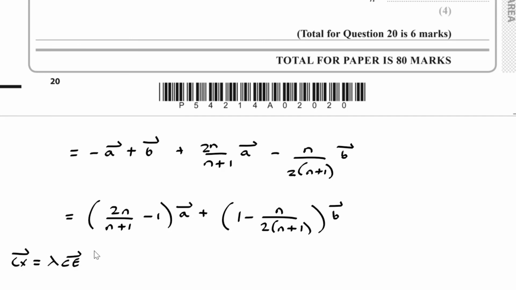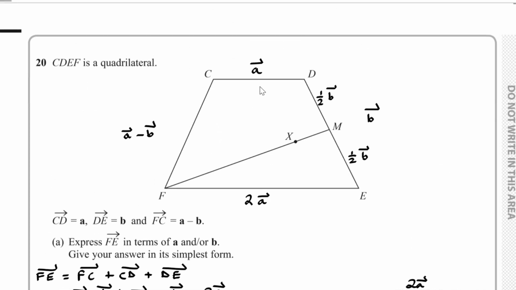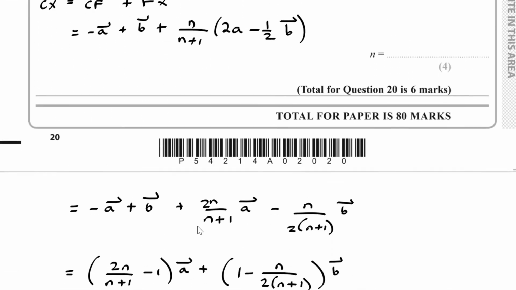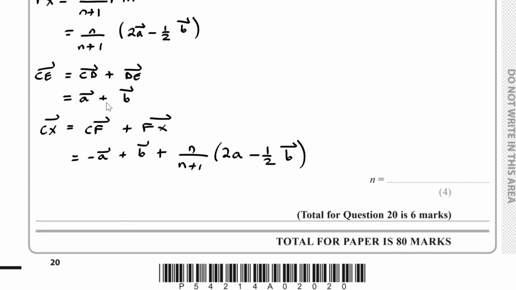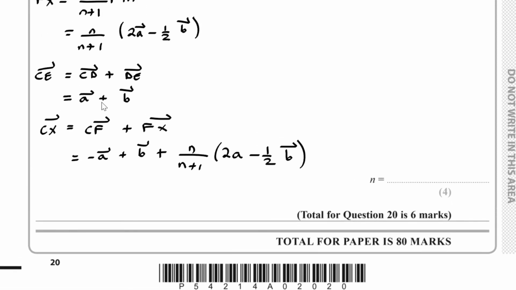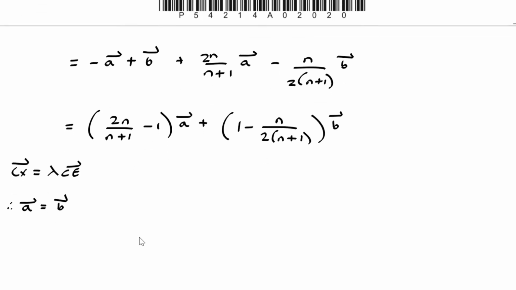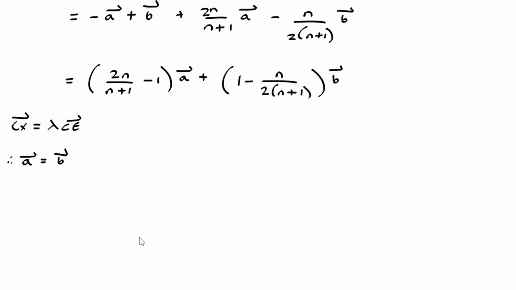So if you look at CE, that was worked out to be A plus B, so therefore the ratio of the components must be the same. In other words, you can see over here the A component is equal to the B component from CE, so therefore A is equal to B.